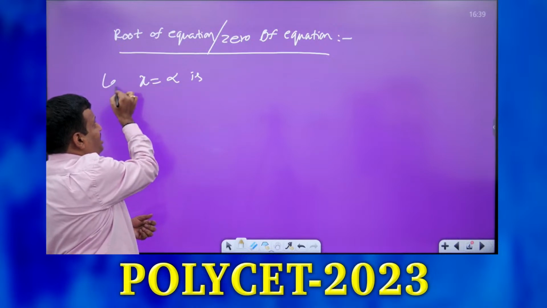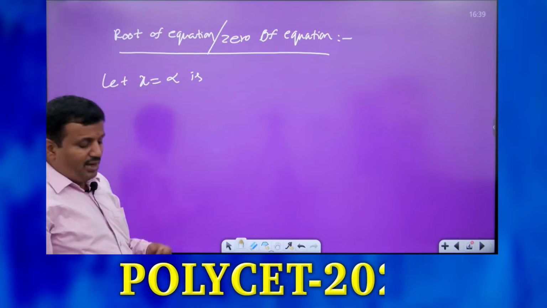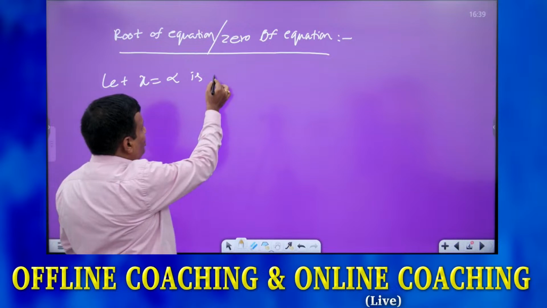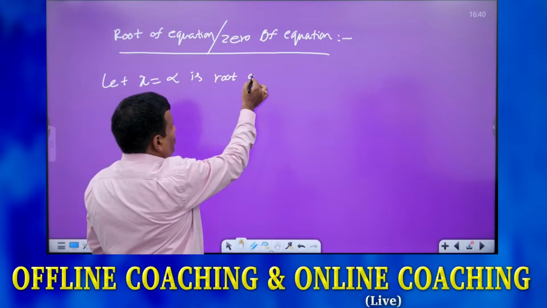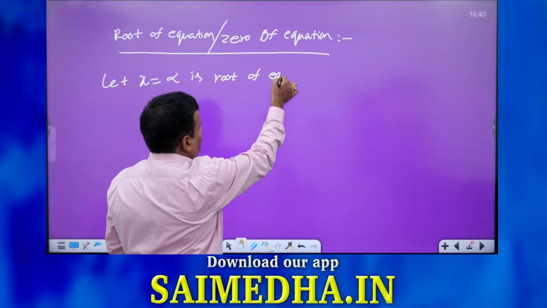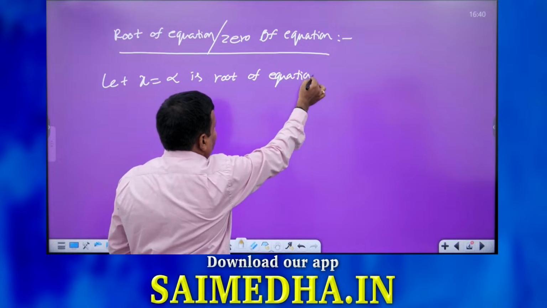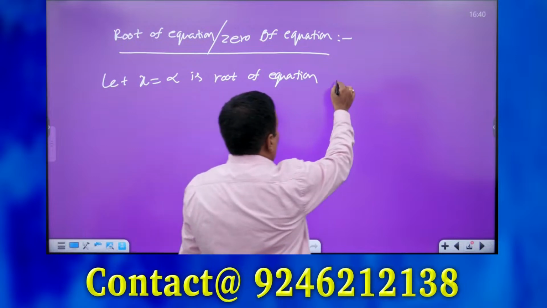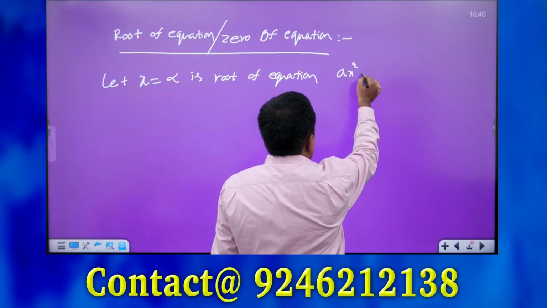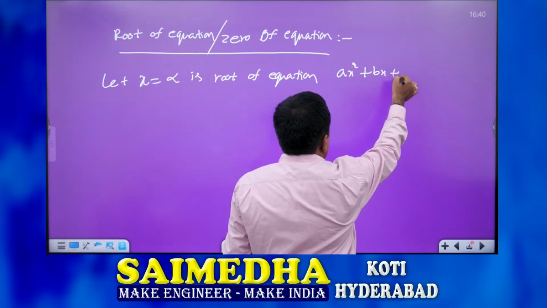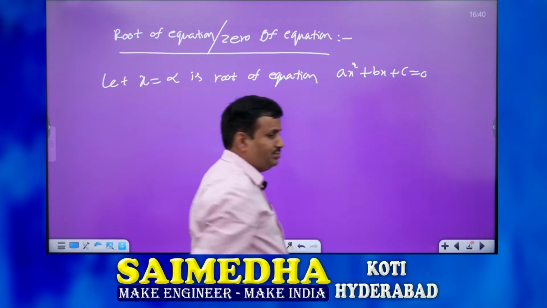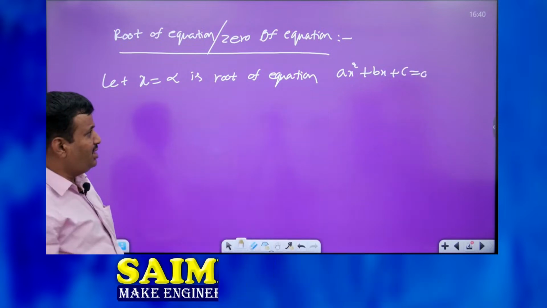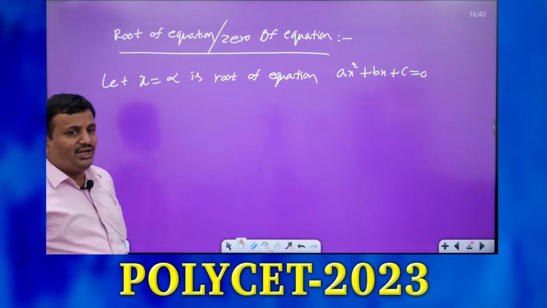Let x equal to alpha be a root of the quadratic equation ax square plus bx plus c equal to 0. What does it mean here? It should satisfy the equation.